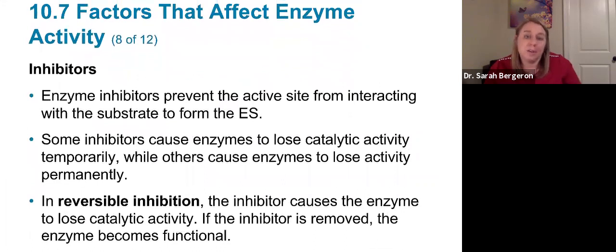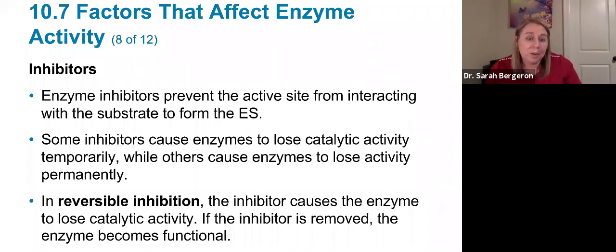Inhibitors can also affect enzyme activity. So inhibitors will work in a couple of different ways, but they basically prevent the active site from interacting with the substrate, so you don't make enzyme-substrate complexes. There are some inhibitors that cause our enzymes to have a temporary loss of activity, and there are some that are permanent changes.